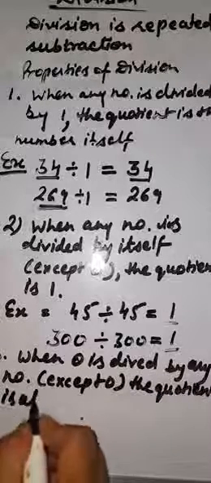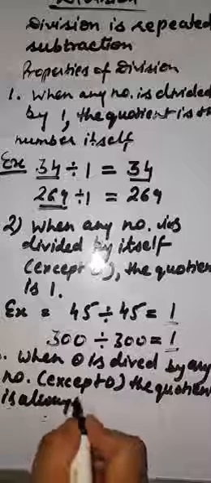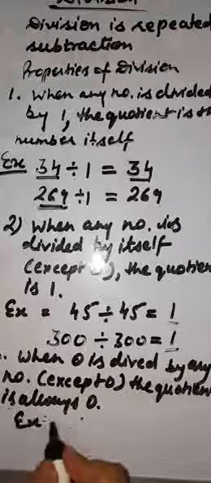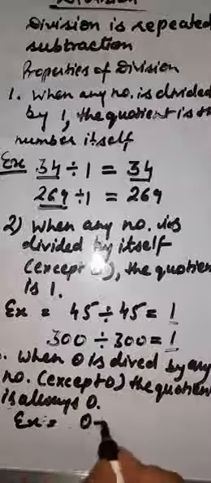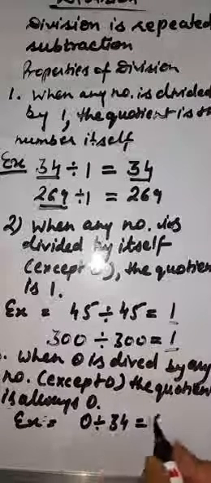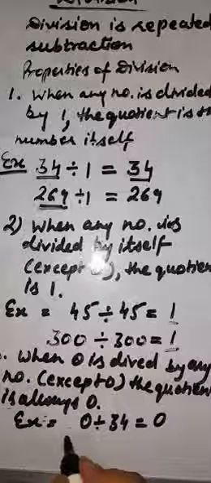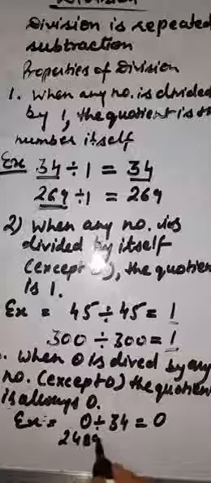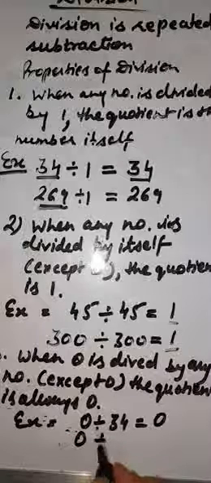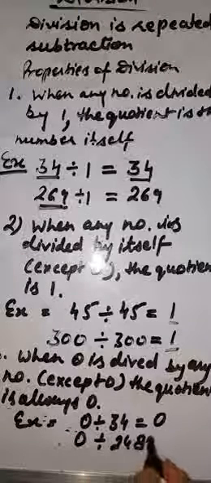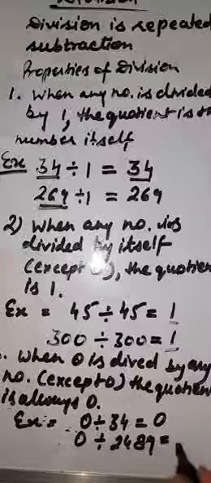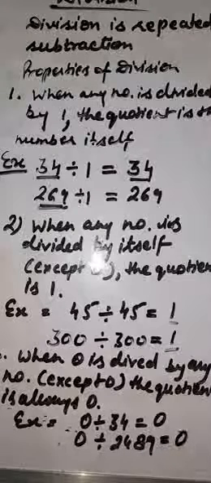Let's take an example. If we divide 0 by 34, 34 zeros are 0. If we divide 0 by 2489, then 2489 zeros are 0. Fine.